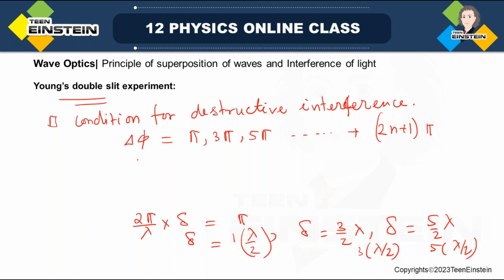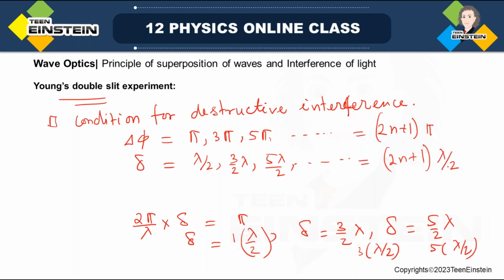And in terms of path difference, delta has to be lambda by 2, then 3 lambda by 2, odd multiple of lambda by 2, that is what we are saying. So 5 into lambda by 2, okay. So in general, we can write 2n plus 1 into lambda by 2, okay.